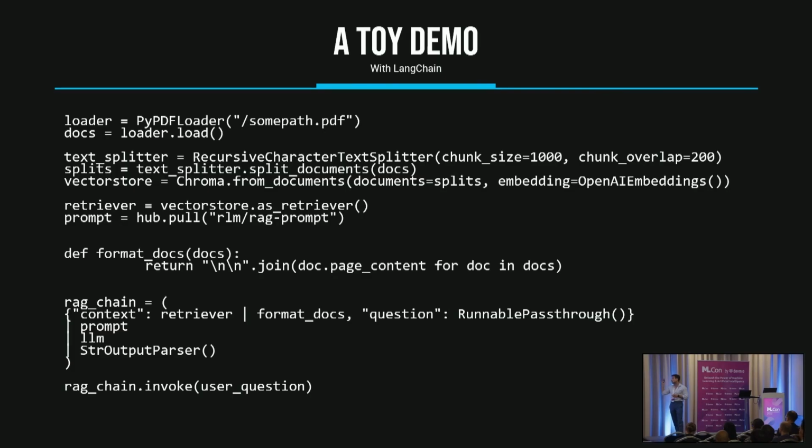A toy demo. We load some PDF, could be a big one, should be a big one, because if it's a short one, we don't even need RAG at all. One step back. We need RAG because the context window is limited. Even 1 million tokens for enterprise contexts is too small.